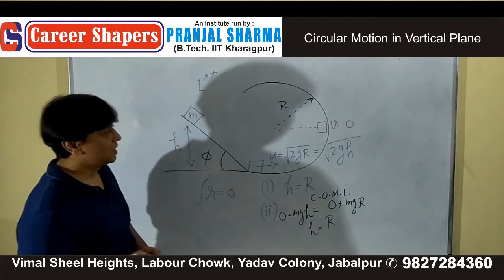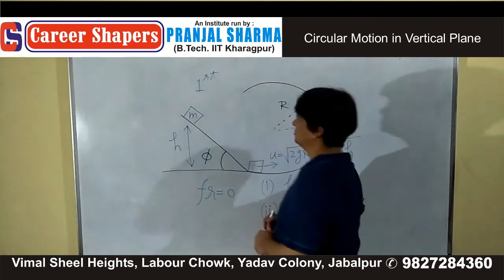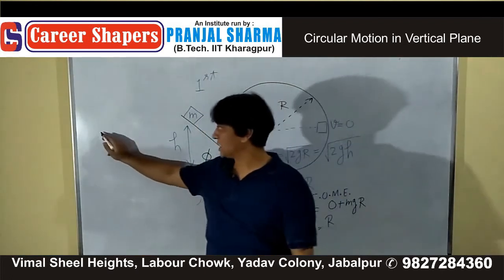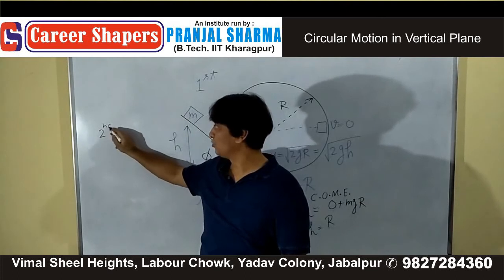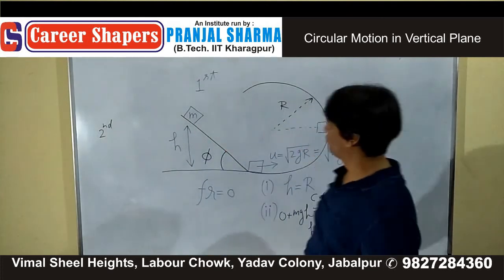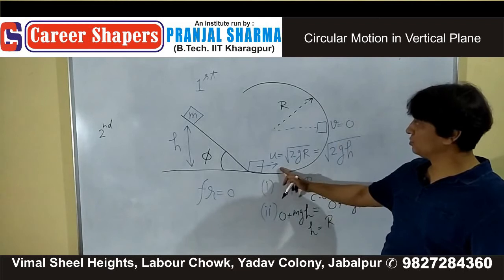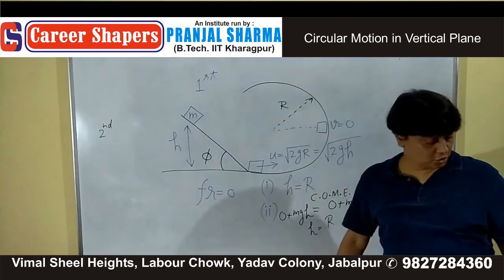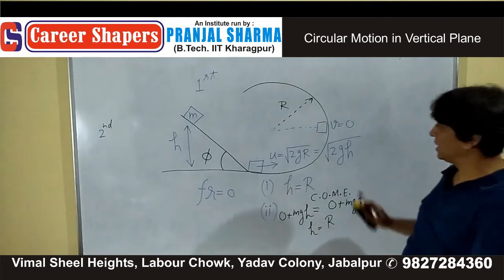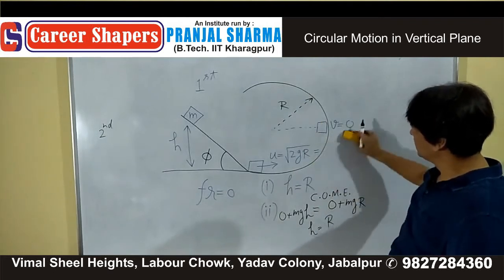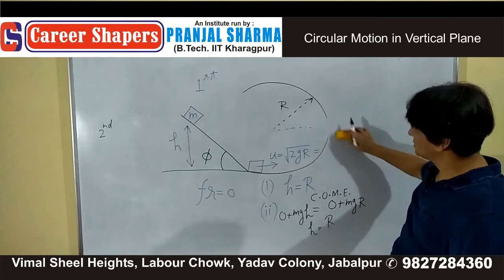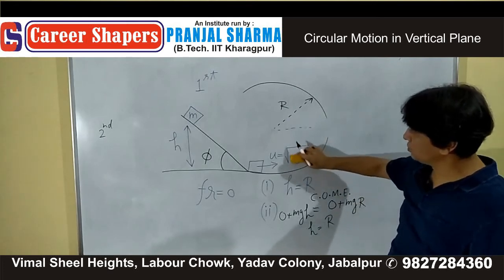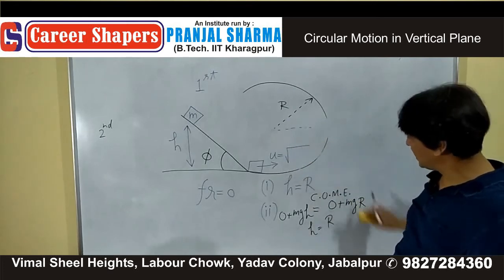Now, for the second question, we need to find u so that it can complete a half circle. The u so that it can complete a half circle is, you know, root over 5gr.